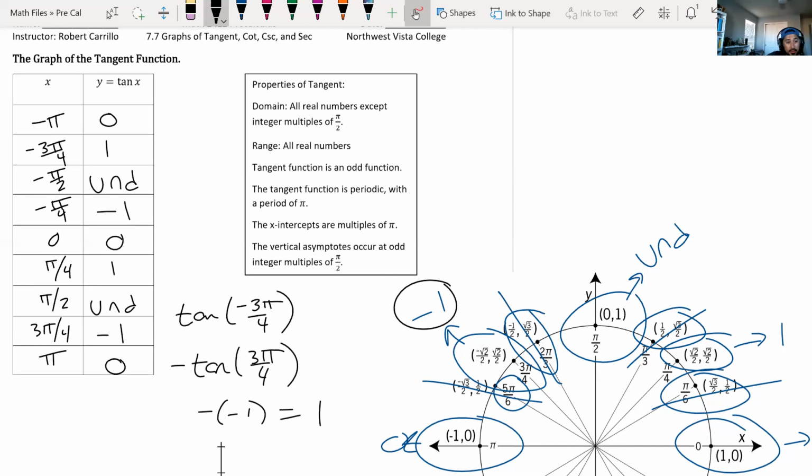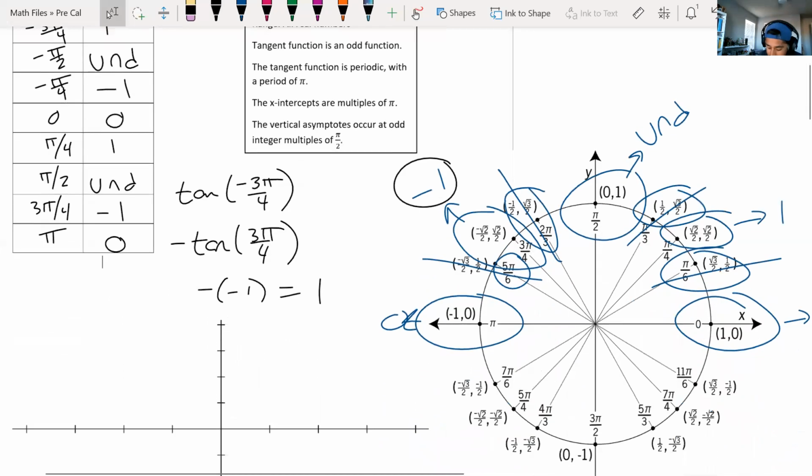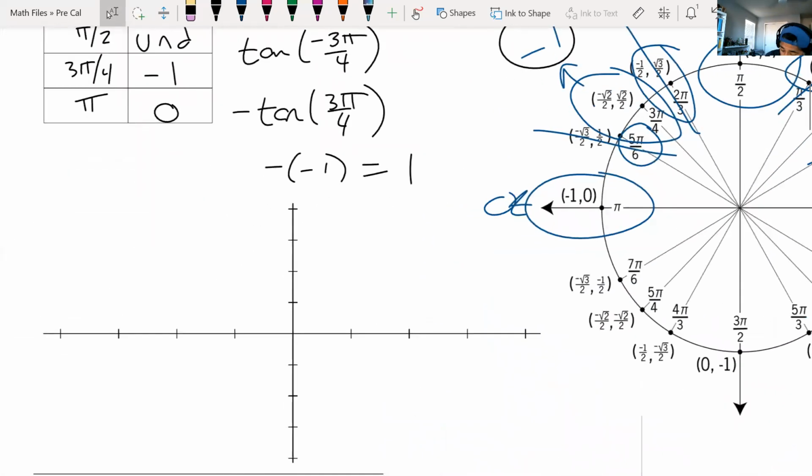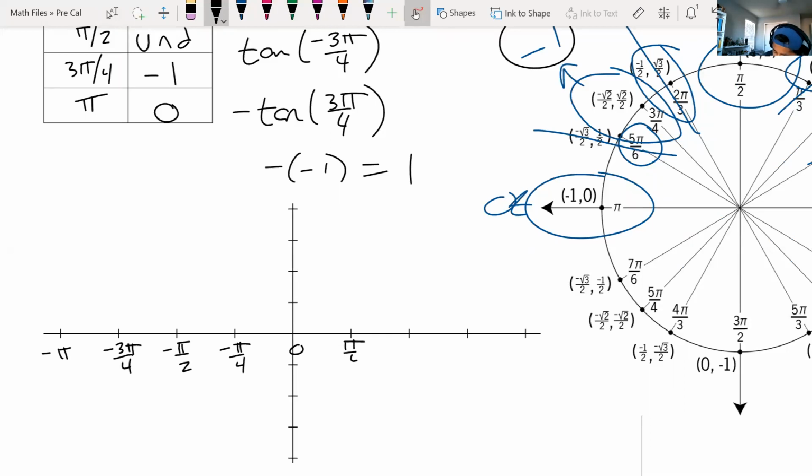All right. So let's go ahead and plot them below. So I have negative pi, negative 3 pi over 4, negative pi over 2, negative pi over 4, 0, pi over 4, pi over 2, 3 pi over 4, and pi.